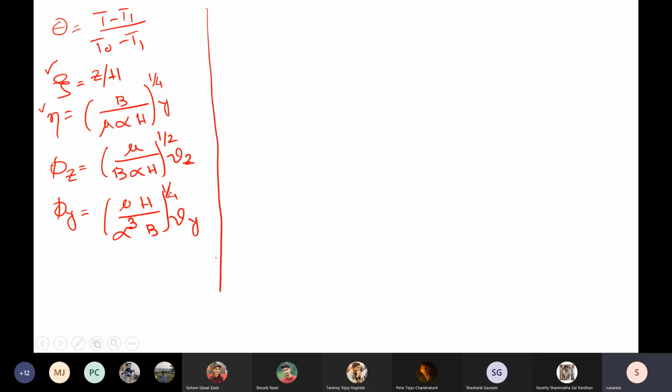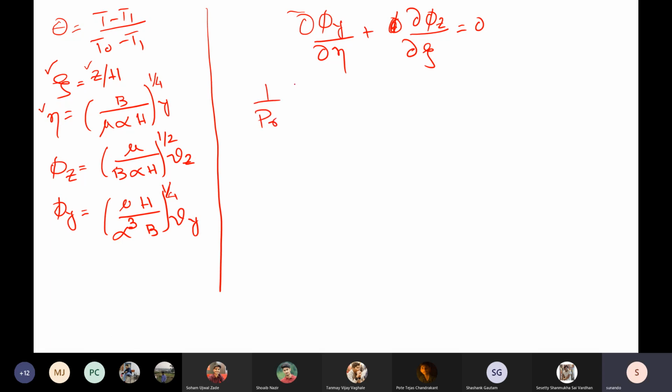So with this, now we can write the equation. Phi y and phi z are the vz and vy, as you could see from here. And the interesting thing is the automatic appearance of the Prandtl number in these expressions.